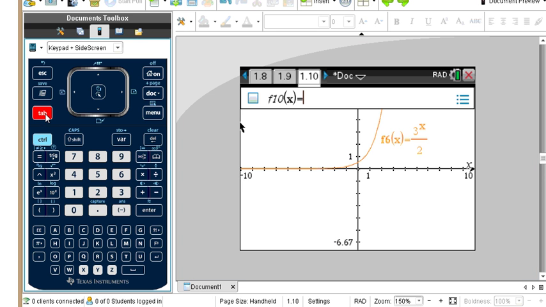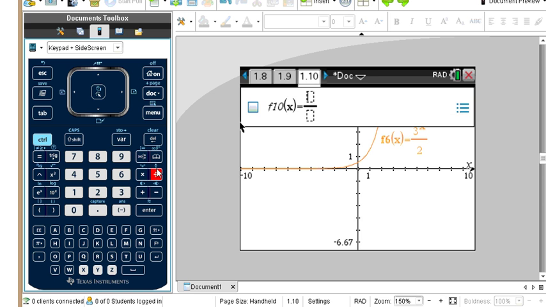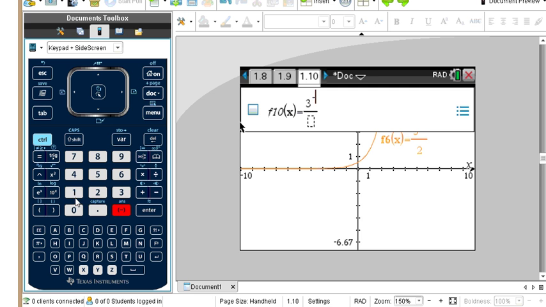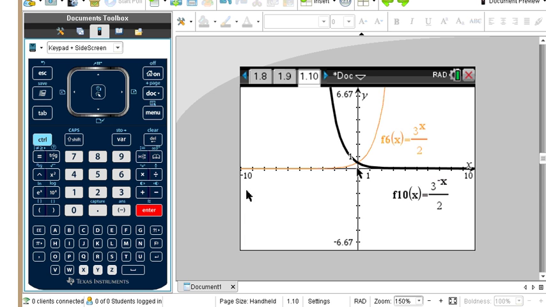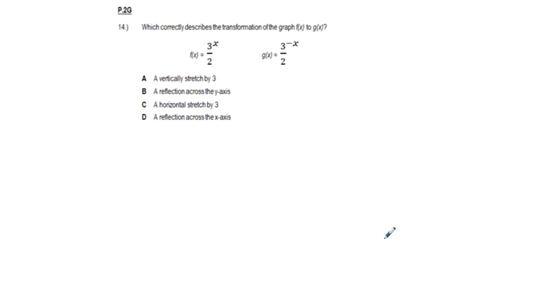So we're going to put 3 to the power of, this time negative x over 2. And I'm hoping to graph them on the same plane here. So you see we have a reflection. This yellow one and black one are reflected about the y-axis. So for this one, our correct answer is going to be a reflection across the y-axis. That's answer choice B.